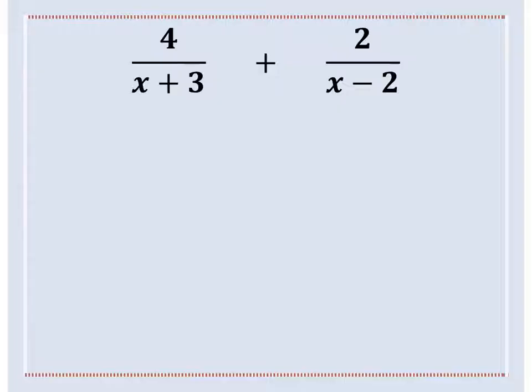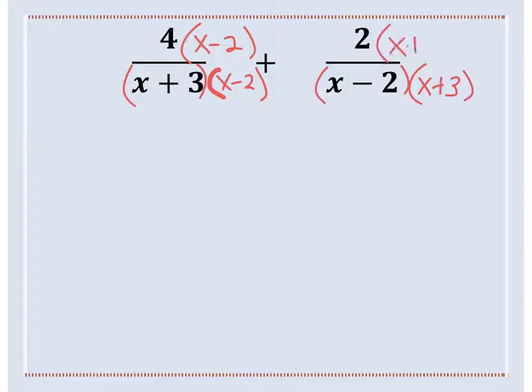So my first fraction is missing the x minus 2. And if I multiply on the denominator, I must also multiply on the numerator. My second fraction already has the x minus 2, but it's missing the x plus 3.